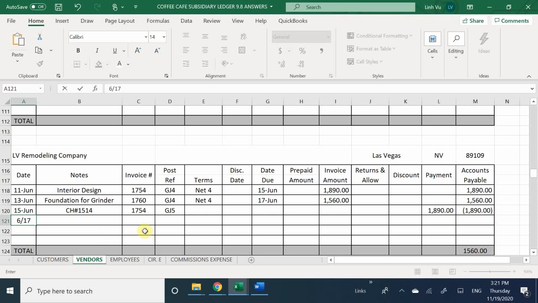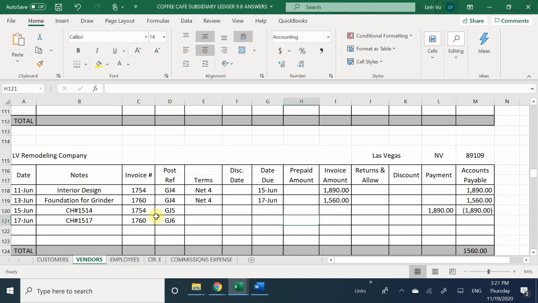So we are going to put in the date, the 17th, and check number 1517. And we don't need to put invoice because we're going to reflect that in the next column, right? Yeah, correct. 1760 is what we're paying. General journal number 6.